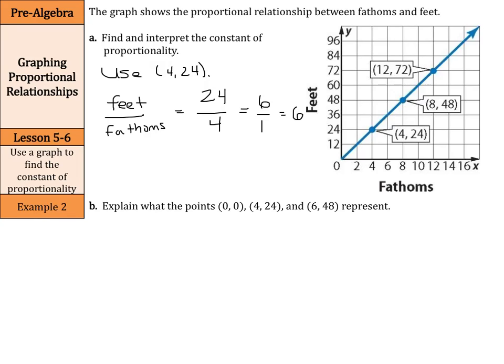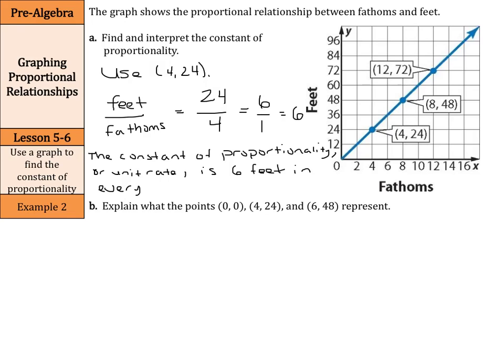So what we can say here is the constant of proportionality, which is also known as the unit rate, is 6 feet in every fathom.